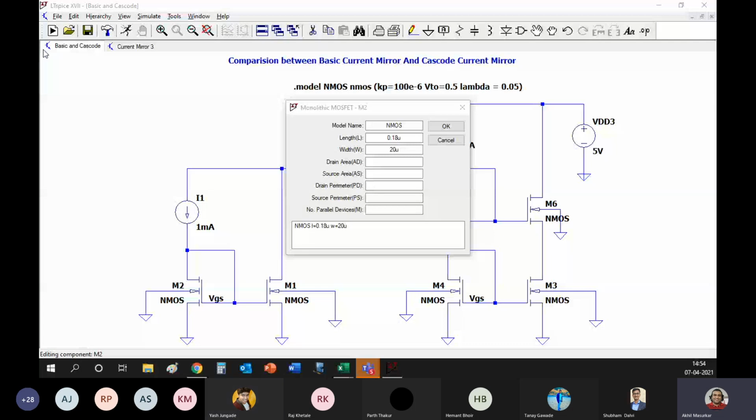Yes, lambda equal to 0.05. Complete that bracket. Otherwise, sometimes it doesn't run.